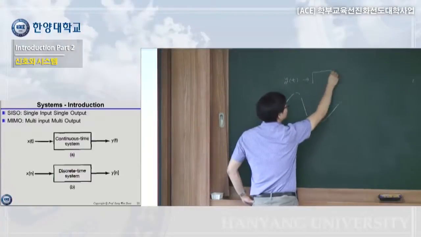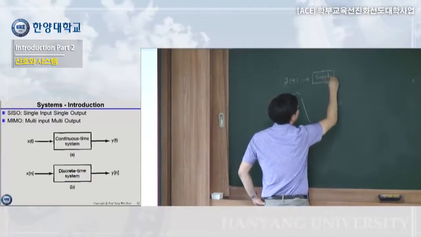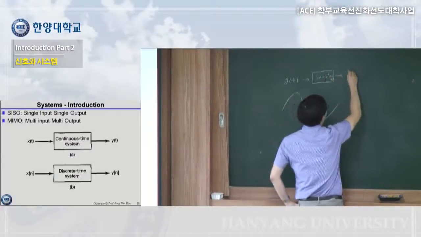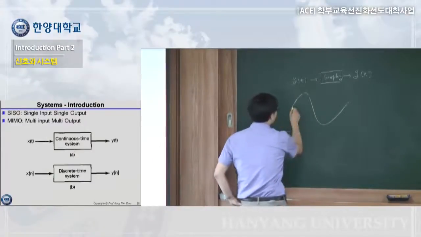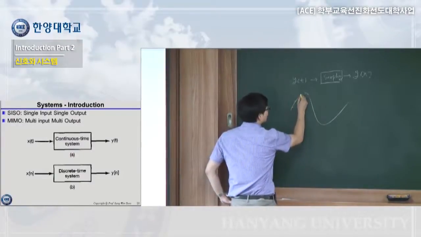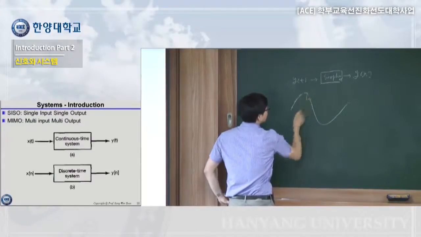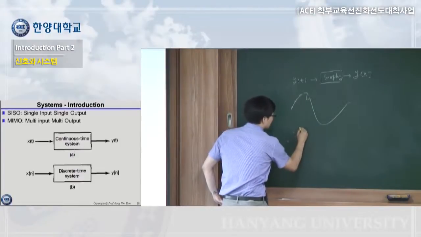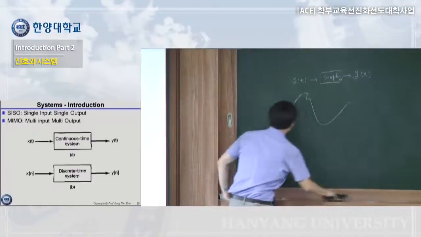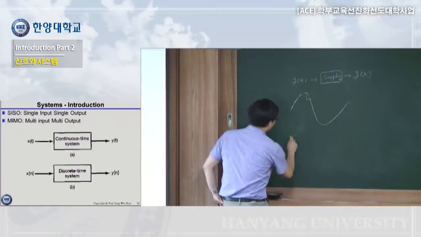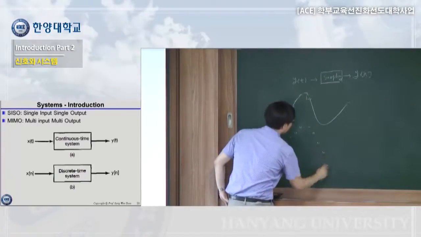After passing through something called sampling, we will have discrete time, meaning that we pick up values at equal periods and make a set of discrete time signal.